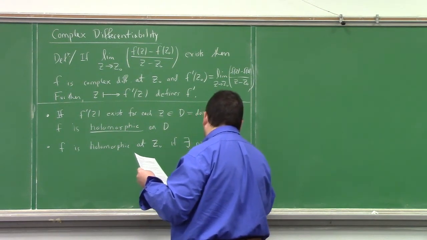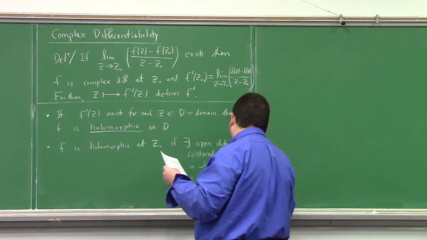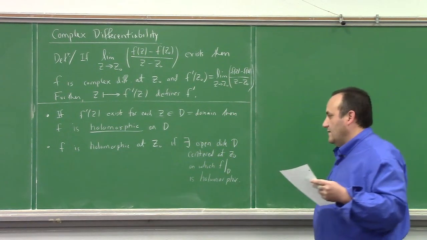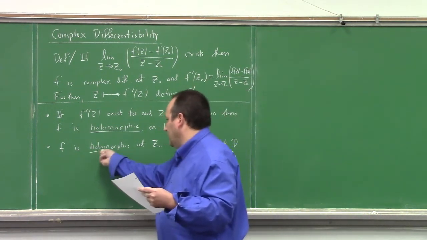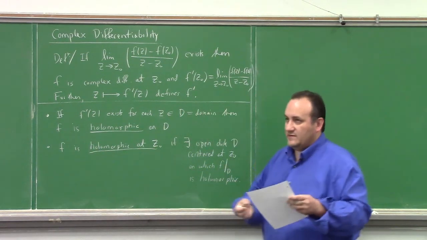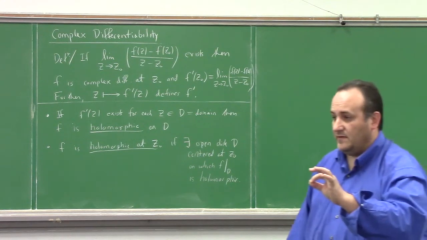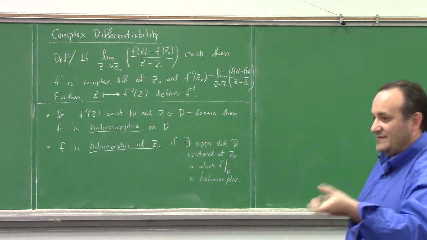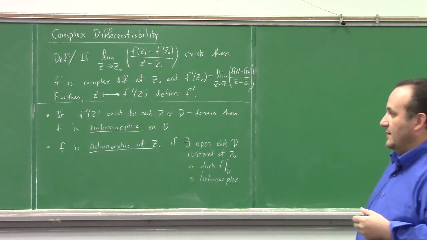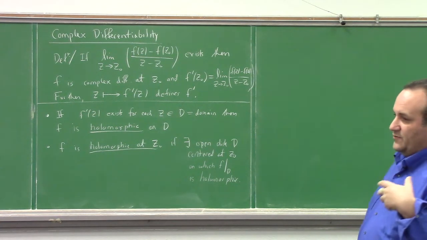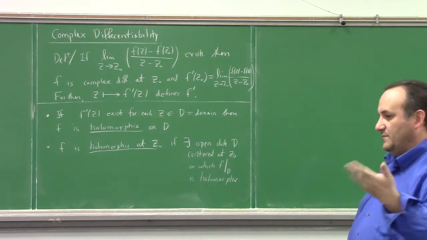So what am I saying? Holomorphic at a point means it's complex differentiable, not just at the point itself, but on some open disk centered around the point. And we say it's holomorphic on a domain if it's holomorphic at each point in the domain.